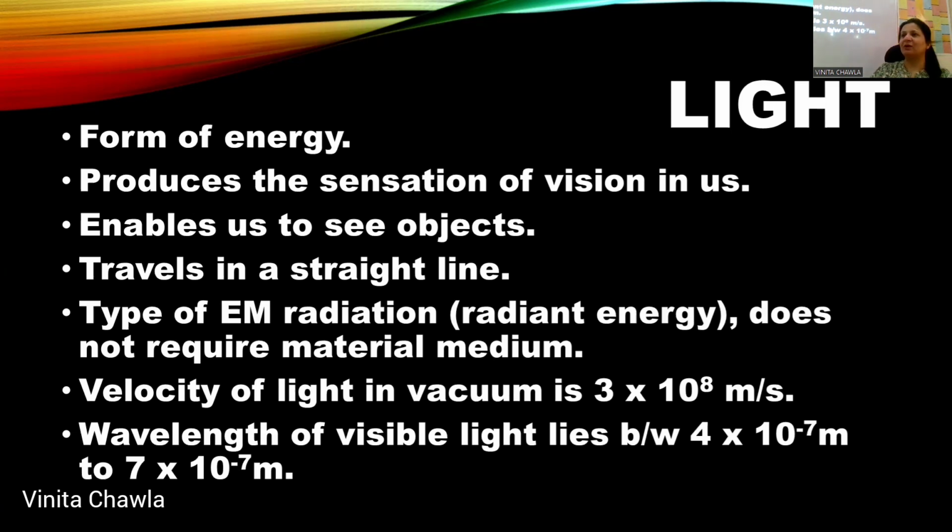In our atmosphere, in the stratosphere, there is the ozone layer. Are ultraviolet rays harmful to us? They are. They can cause skin cancer. So ultraviolet rays are harmful, and they're trapped by the ozone layer, which is present in the stratosphere.